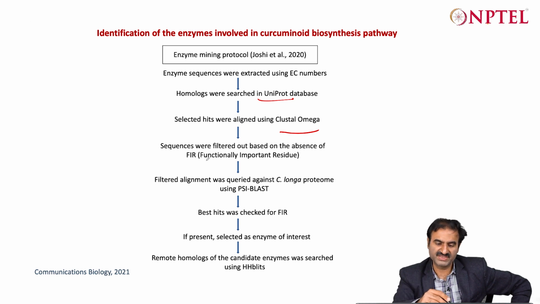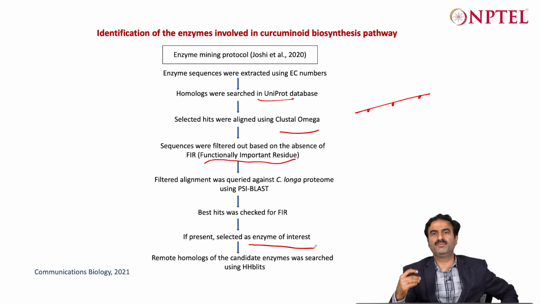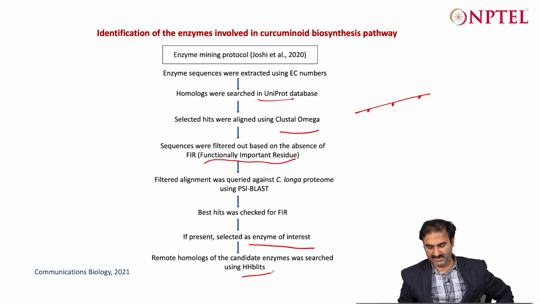Then they identified the functionally important residues which could be present at multiple locations in a sequence, and checked whether they are present in all the homologs and also in the homolog of your interest. So that information can be used to select the best hits which can be checked for these functionally important residues, and those can be taken as the enzyme of interest, and later on the remote homologs for these can be found by HHblits and other methods.